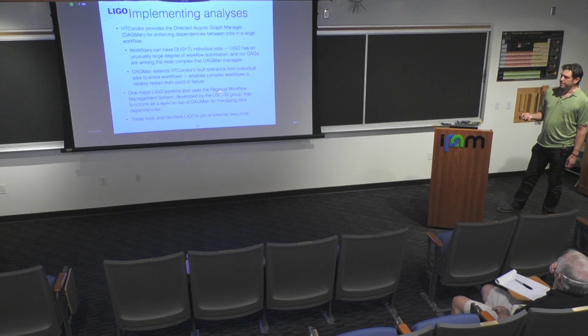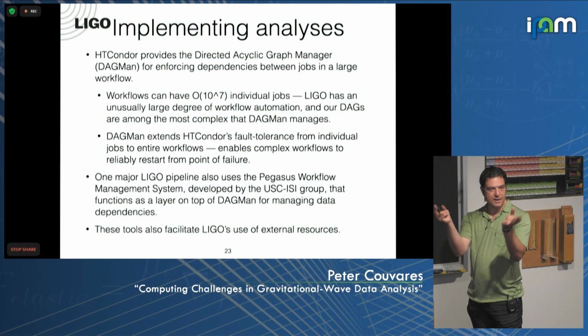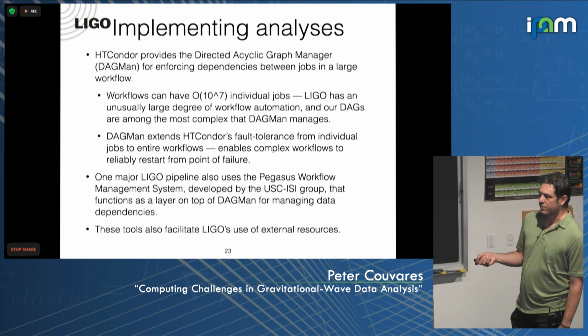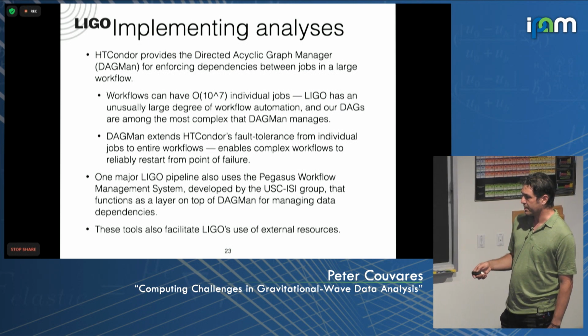We also use something called the Pegasus workflow management system that worries about data dependencies in addition to job dependencies. So you don't just have a DAG of job dependencies, but it knows a little bit more about the data. Most of our workflows don't use that, but I mention it here because it's an important piece of infrastructure for some pipelines.